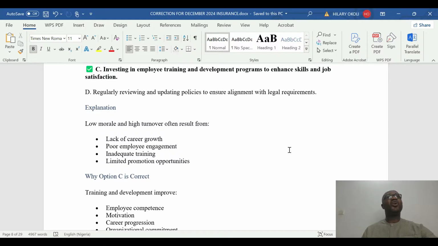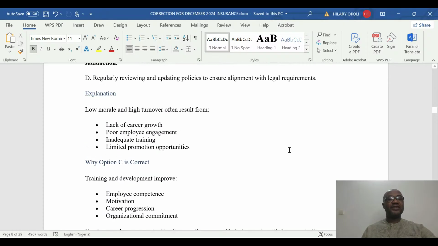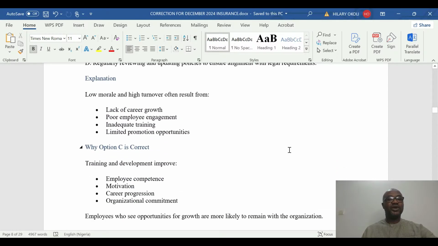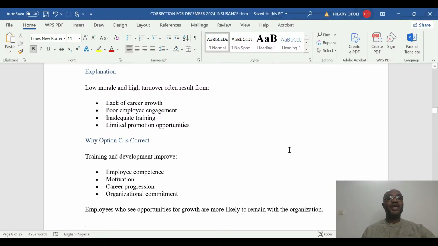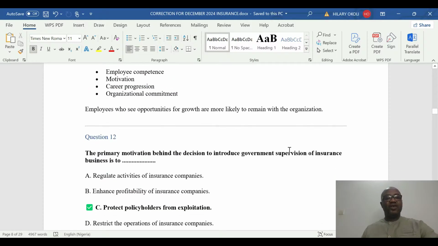One is discouraged. So option C is correct because training and development improve employee competence, enhance their motivation and career progression, as well as organizational commitment. Employees who see opportunity for growth are more likely to remain within the organization. So that is why C is correct.